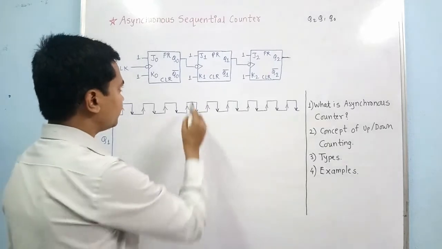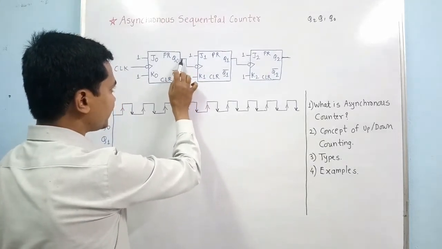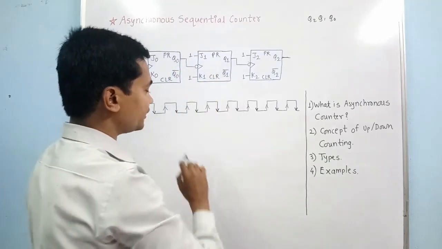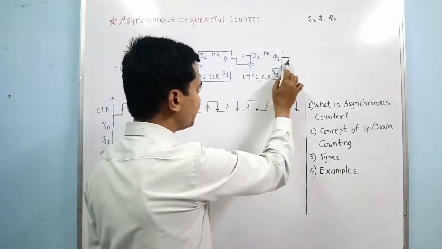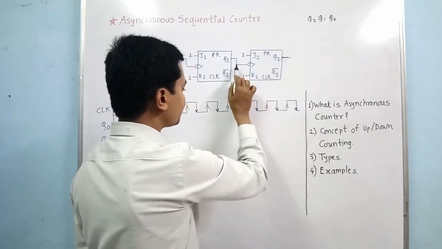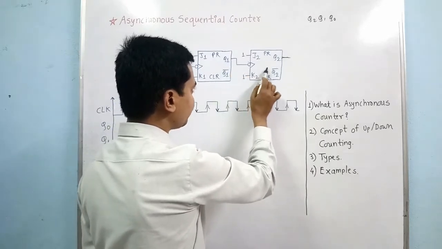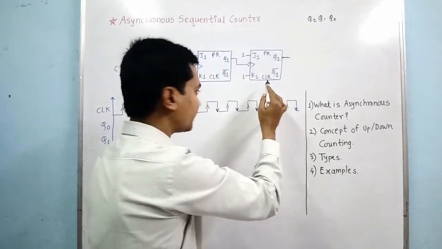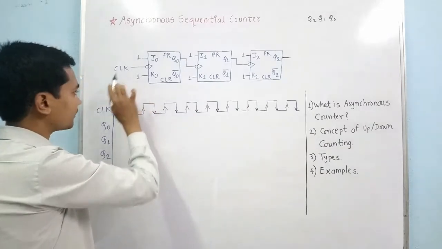Whenever the positive and negative portion of Q0 is generated, only then will the flip-flop 1 output change, and finally the flip-flop 2 output will change whenever the positive and negative portion of Q1 is applied to flip-flop number 2. This is the farthest flip-flop and this is the nearest flip-flop to the clock signal.